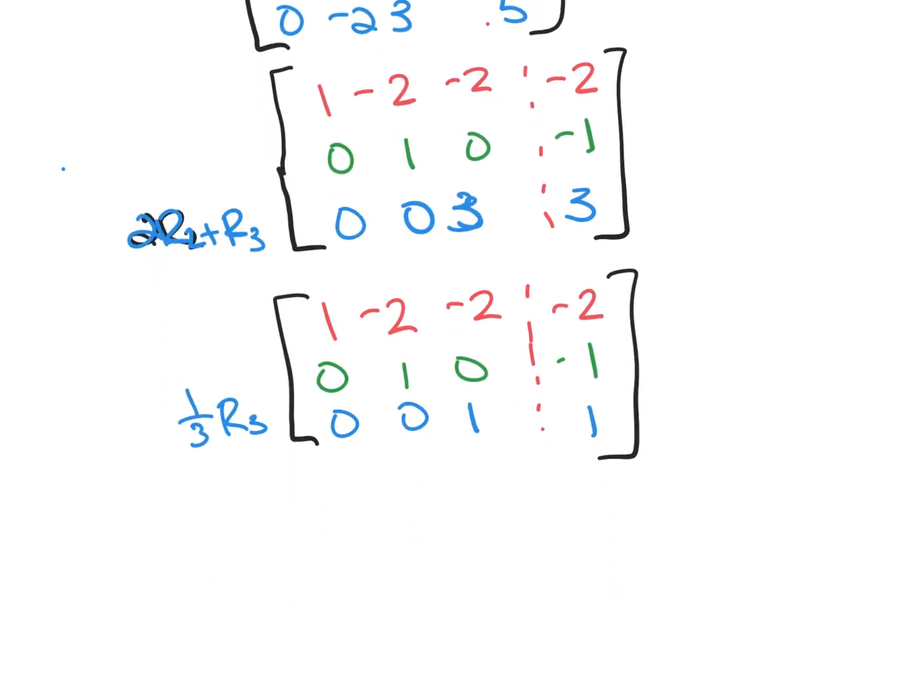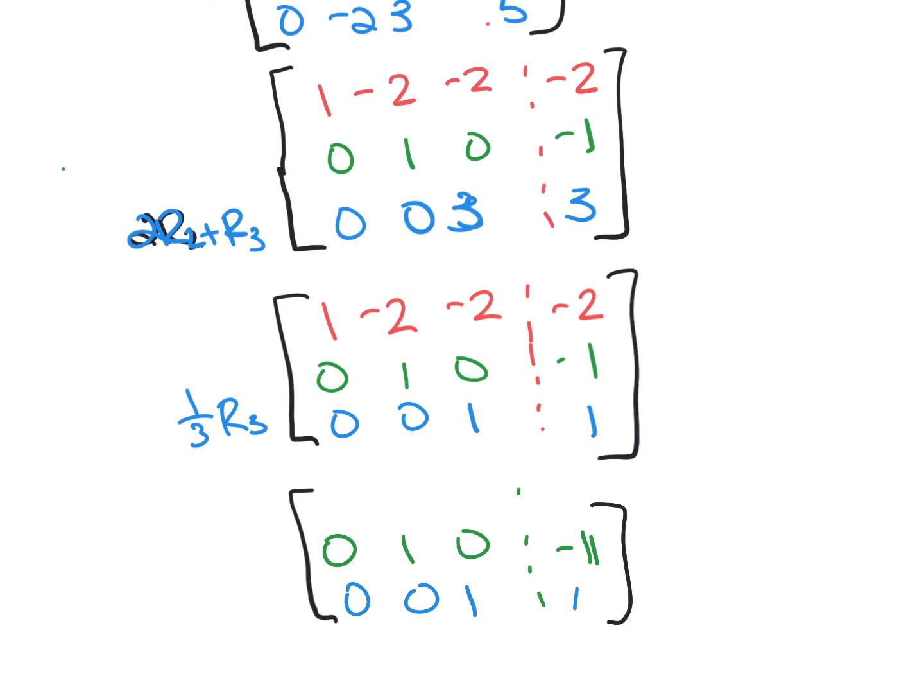So the last thing is to get the 0 above the ones up here. To do that, I need to do 2 times this row and add it to that row. So the middle row, 0, 1, 0, negative 1, not going to touch it. The bottom row, 0, 0, 1, 1, not going to touch it.